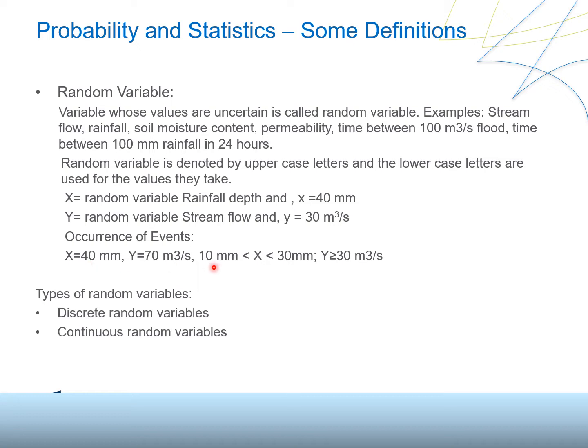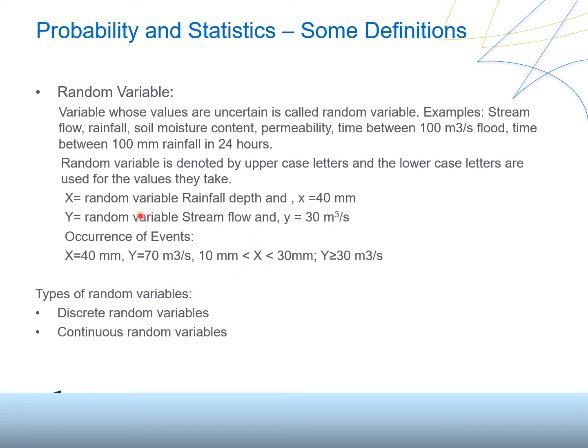Similarly, the random variable can have a range: rainfall being between 10 and 30 millimeter, or the event being stream flow of 30 meter cube per second or more.